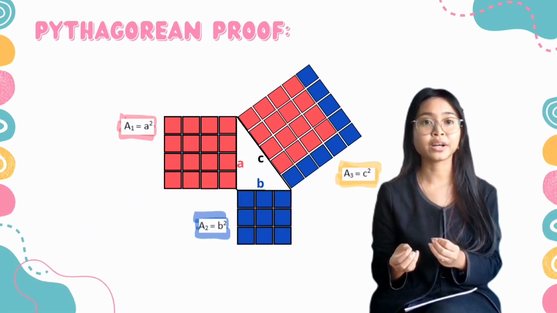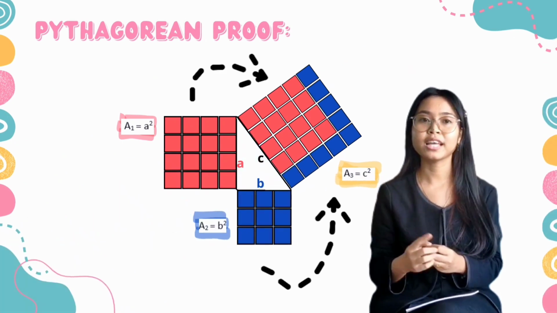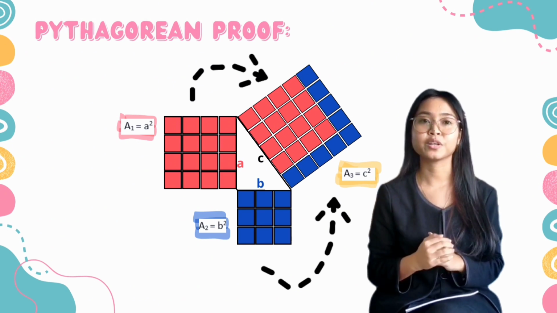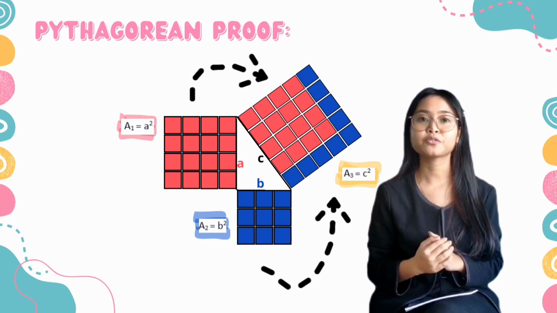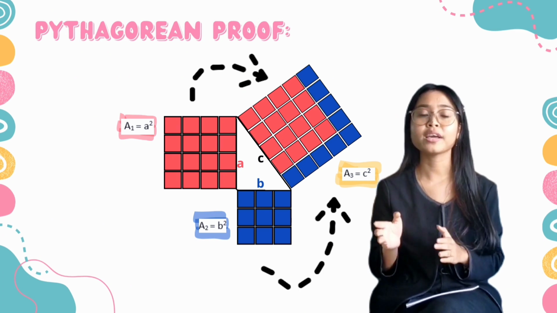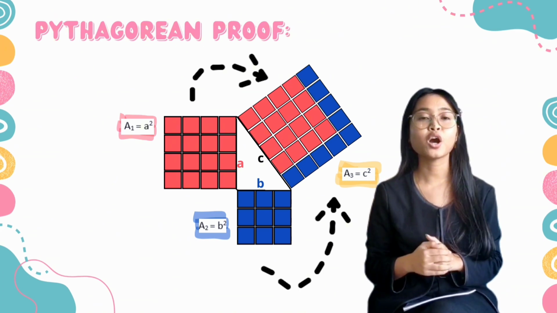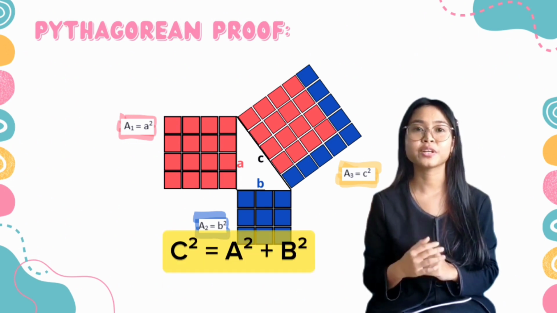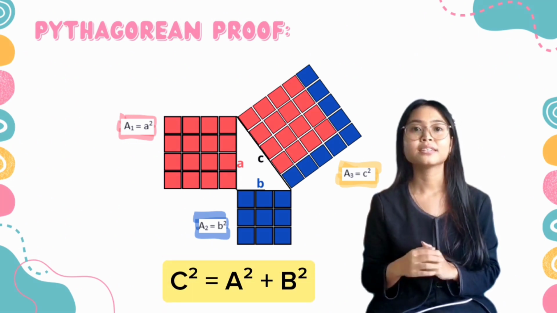After we move the small red and blue squares one by one, it turns out that the square on side C is C squared. C squared is obtained from the area of the red square, or A squared, plus the area of the blue square, namely B squared. Then we get C squared equals A squared plus B squared.